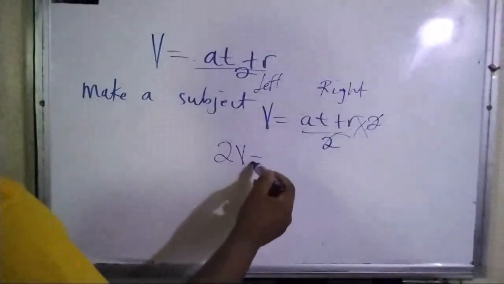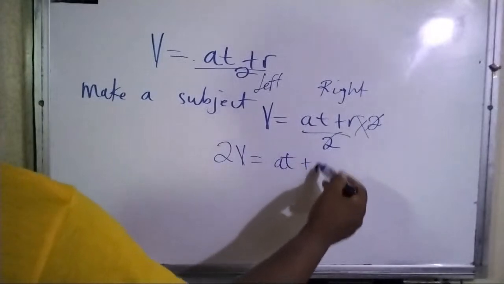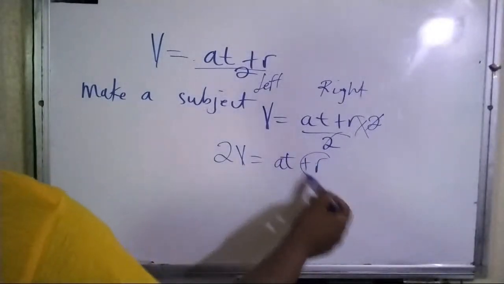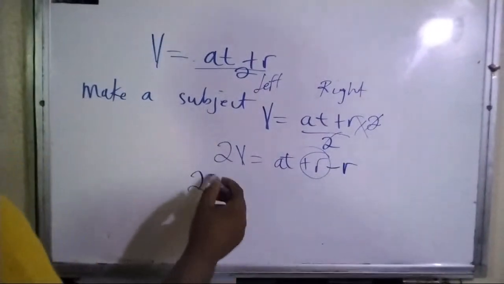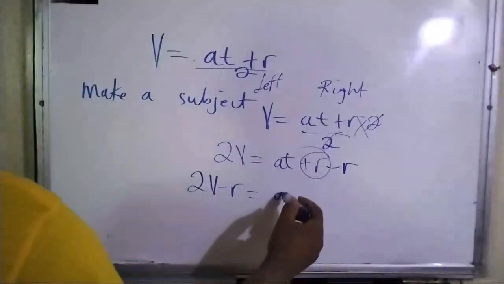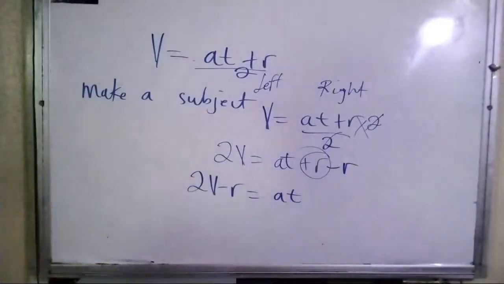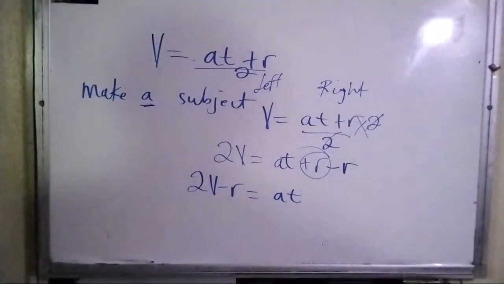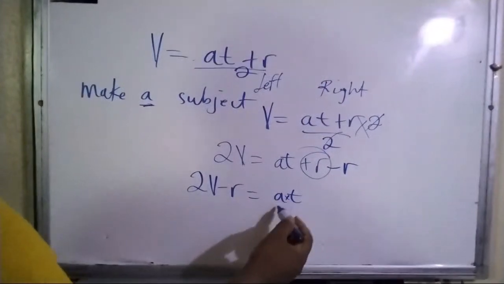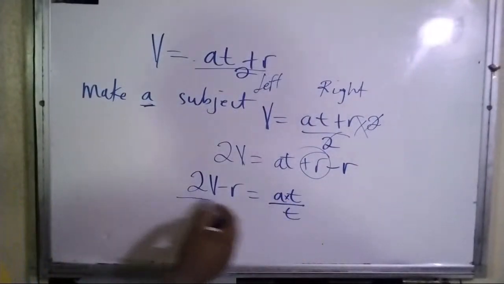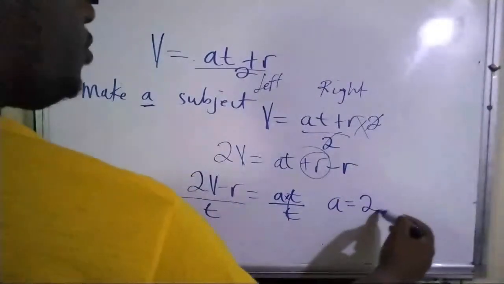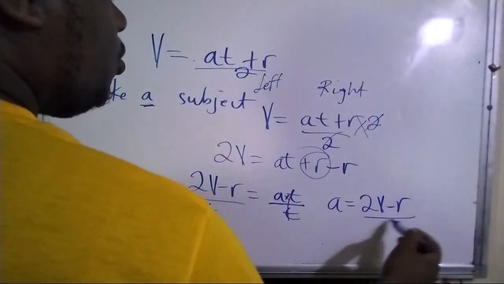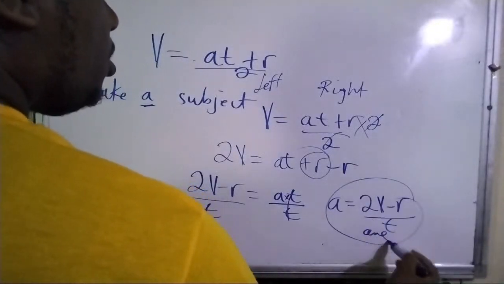And then we have 2v equals at plus r. Now we need to get rid of this plus r. What's the inverse, or the opposite, of plus r? That is minus r. So we have 2v minus r equals at. But remember, the objective is to get a by itself. So we need to get rid of the t. This is times, so we simply divide by t, and here we have it. a is equal to 2v minus r over t, and that is our answer.